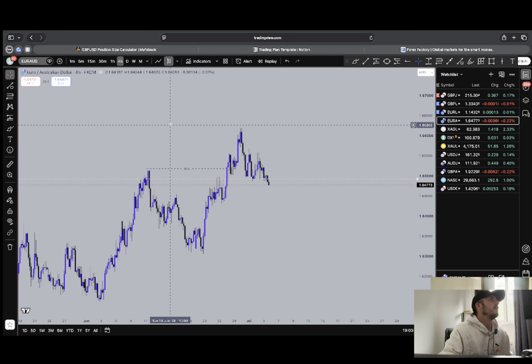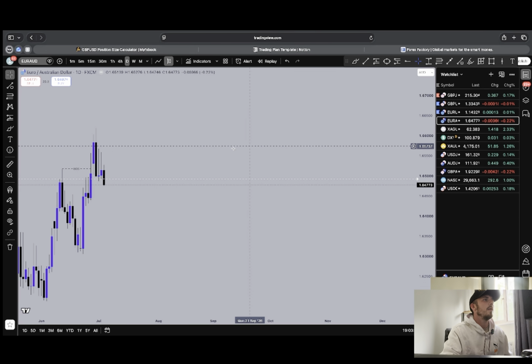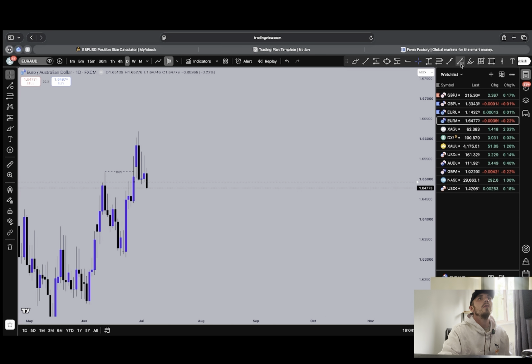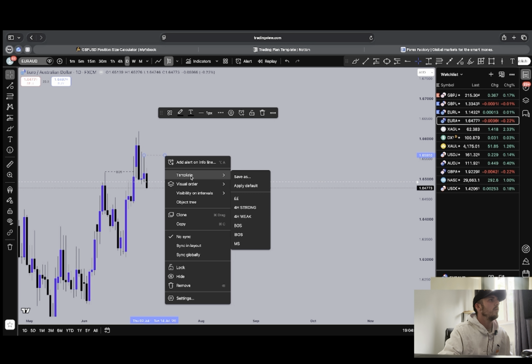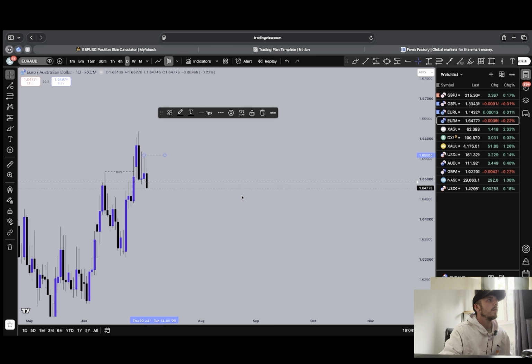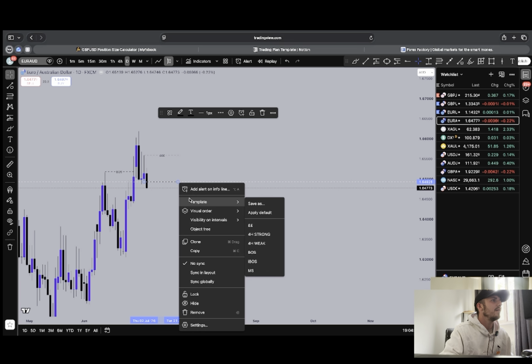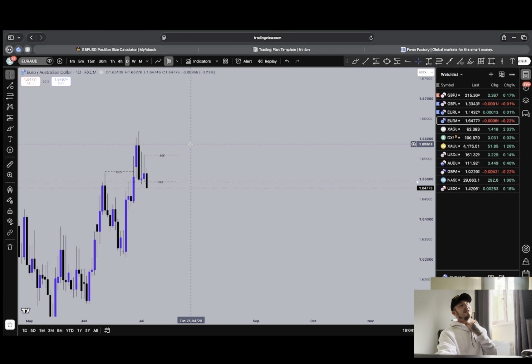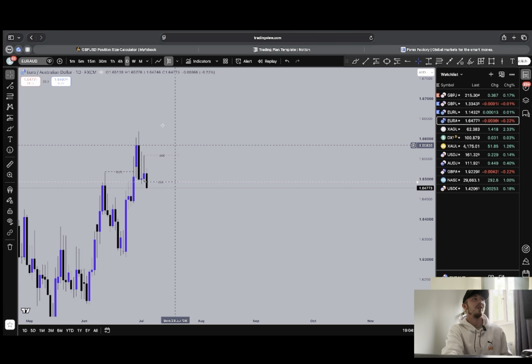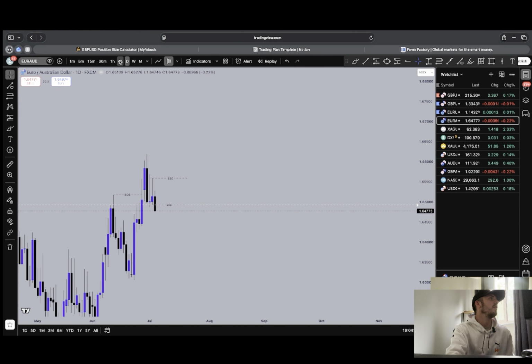All right, so we've got breaker structure in the 4 hour, previous day highs and previous day lows. Once you've got your analysis model out, it only really takes about half hour to analyze 3 pairs, 10 minutes on each, making sure that you've got everything correct.